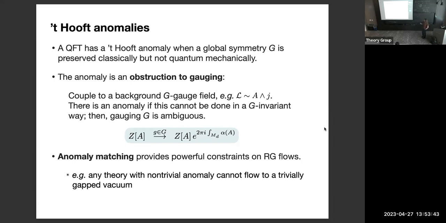One such statement is that any theory with a non-trivial anomaly cannot flow to a trivially gapped vacuum with no long-range degrees of freedom, like a unique trivially gapped vacuum. That's the most basic statement you could make, because such a vacuum could not match the anomaly upstairs. Of course, you can make more refined statements knowing the full set of anomalies that my theory has. Did you have a question?